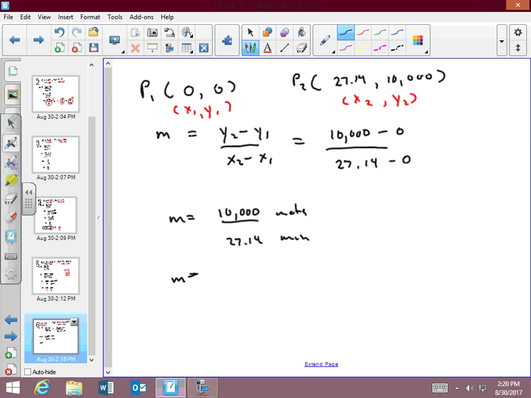Now, according to my calculation, if you divide that out, you have about 414 meters per minute. So what does 414 mean?